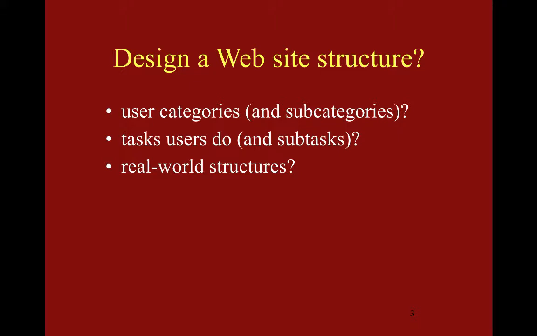So for instance, the root of the subtree is the home page, but the child nodes contain subtrees which correspond to different subtasks. And the third possibility is that website structure might reflect the real world structure of some area or some object.